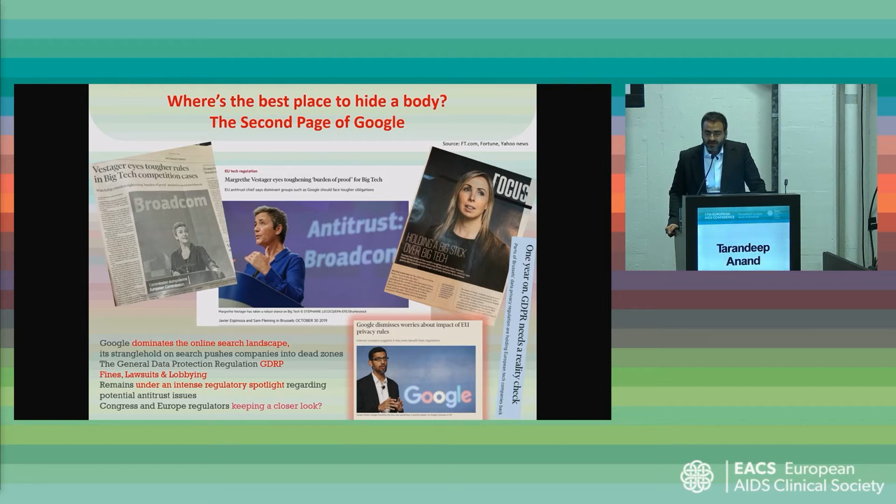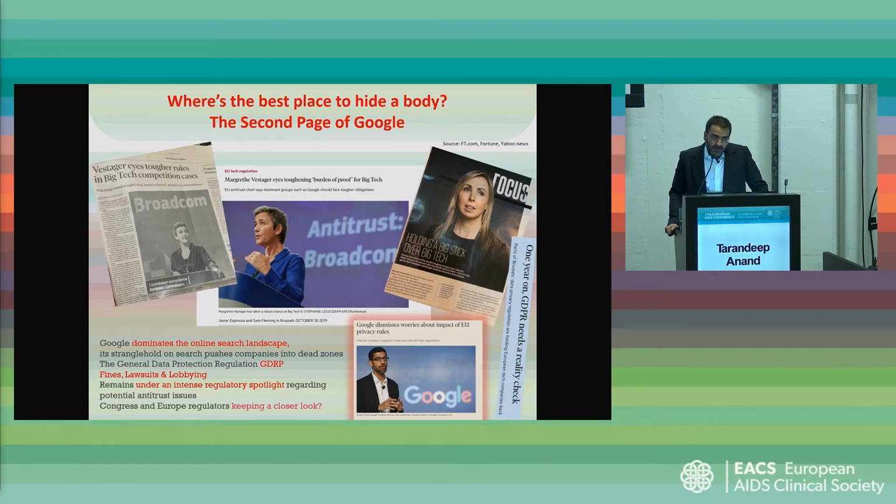There is a very common saying nowadays, that the best place to hide a body is the second page of Google. So we cannot deny the dominance of Google in today's world. They have the highest market share, pretty much a mafia of the internet.